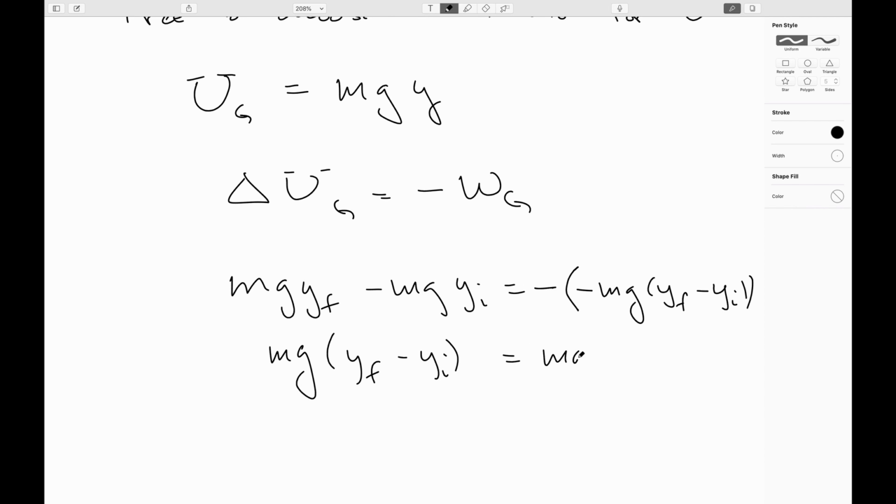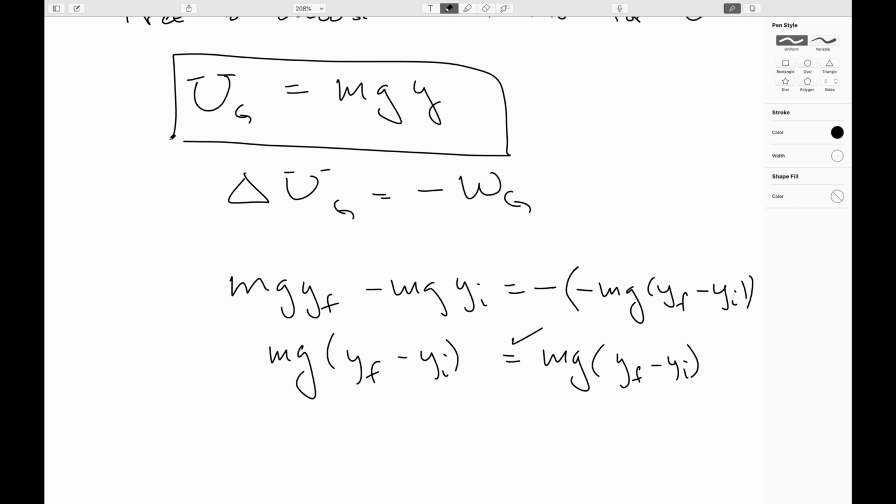And here I'll get mg times (y final minus y initial). They check. So this is a perfectly good choice, and it's the conventional choice for our potential energy.